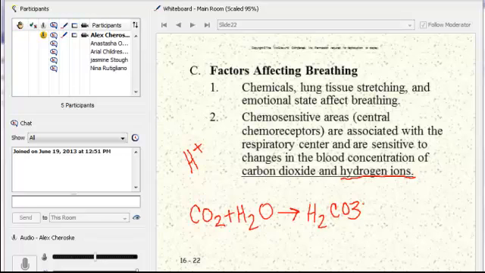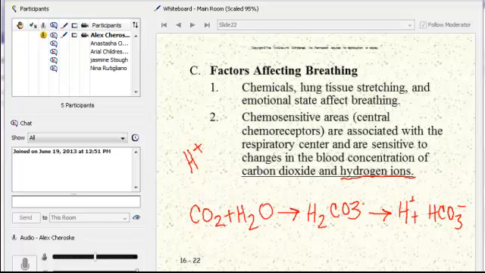Now, carbonic acid kind of falls apart, if you will, into a hydrogen ion, H+, plus this ion, which is called bicarbonate. Okay?